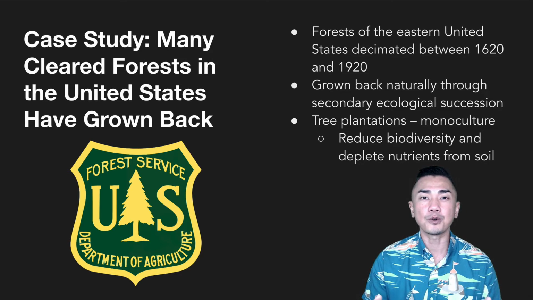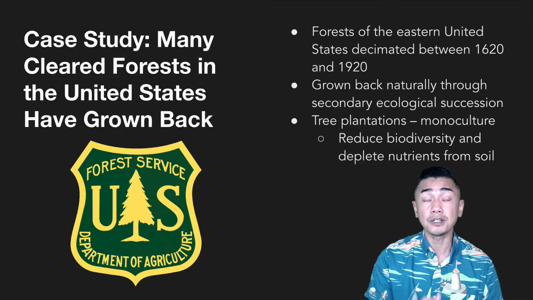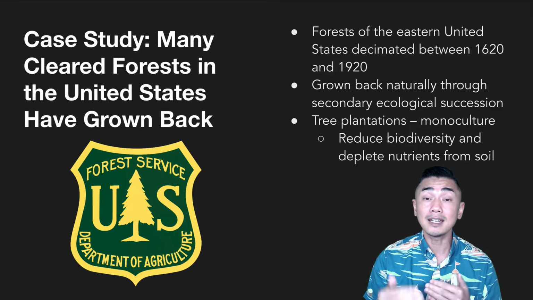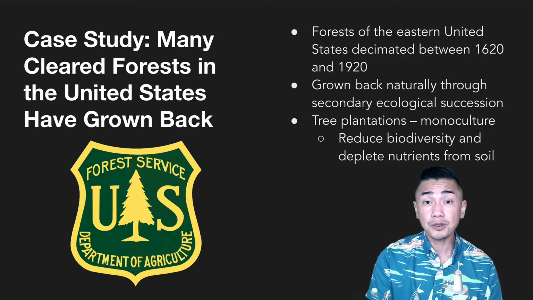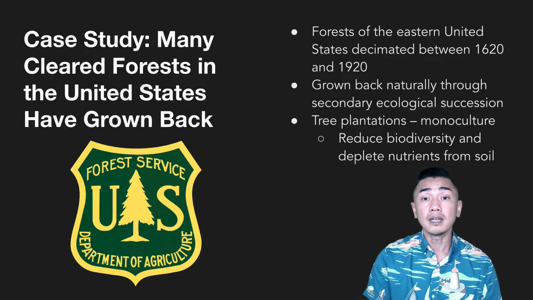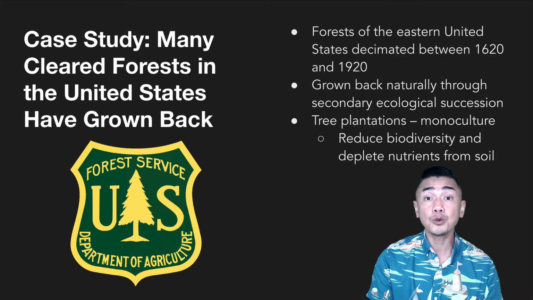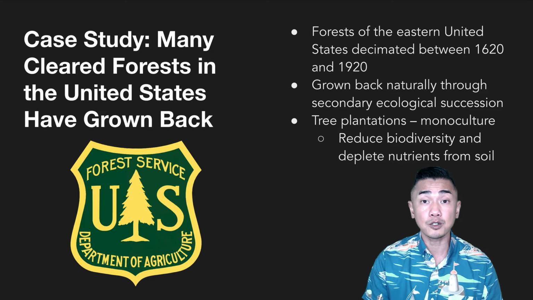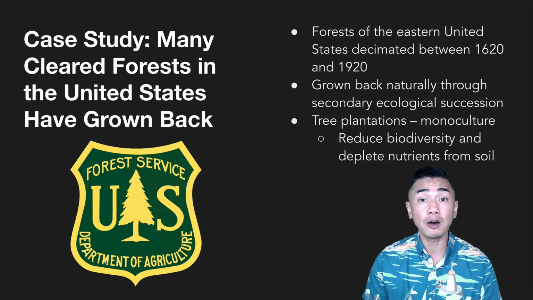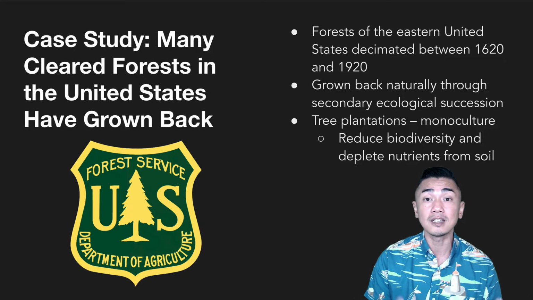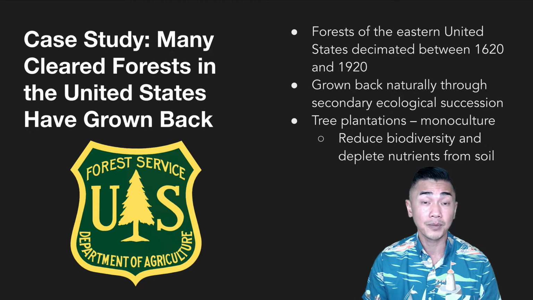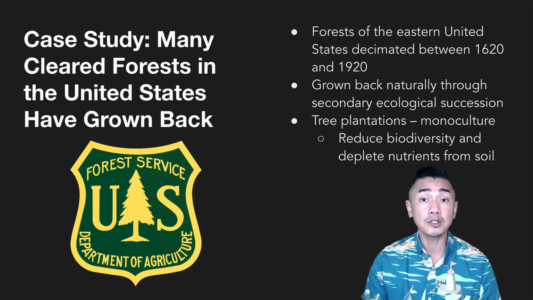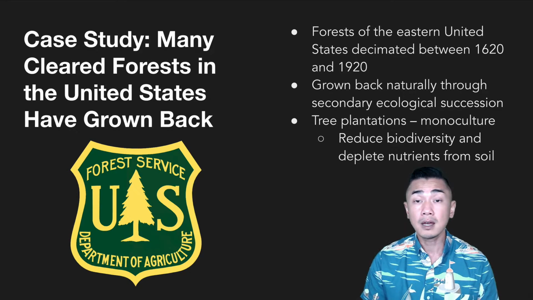Another positive story is the story of forest in the eastern United States. Between 1620 and 1920, forests there were decimated. In 1905, the U.S. Forest Service was established, and through their management, these forests were allowed to grow back through secondary ecological succession. Also, tree plantations have supplied much of the wood that we need.